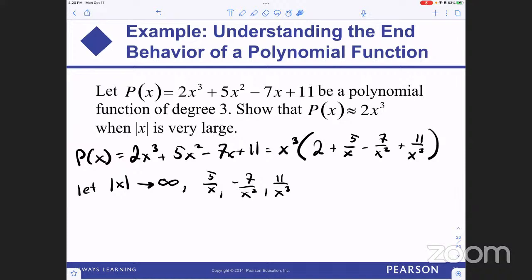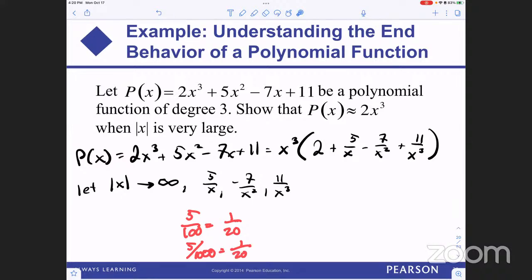What about if x were 100? What should that result be? I think we went from a half to, I think it's going to be 1 over 20, right? What if we did 5 divided by 1,000? 1 over 200, right?